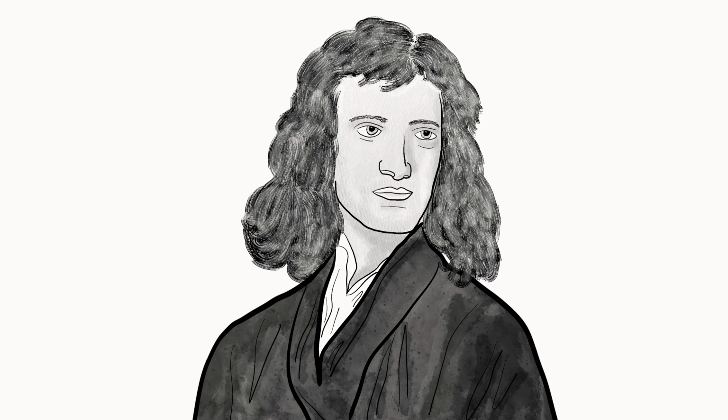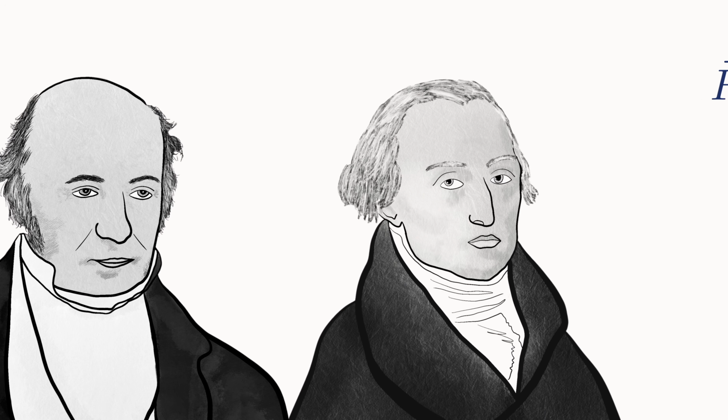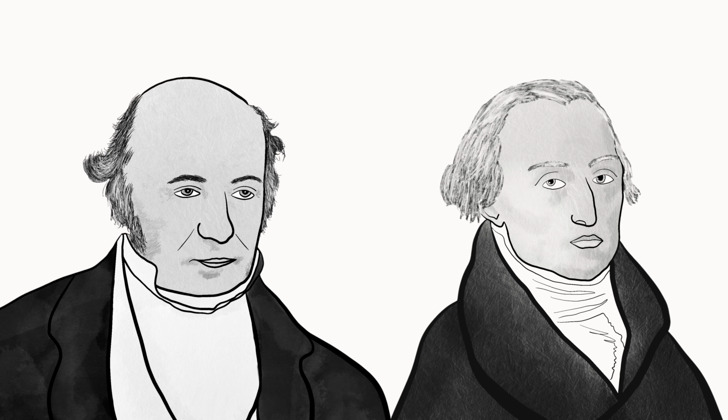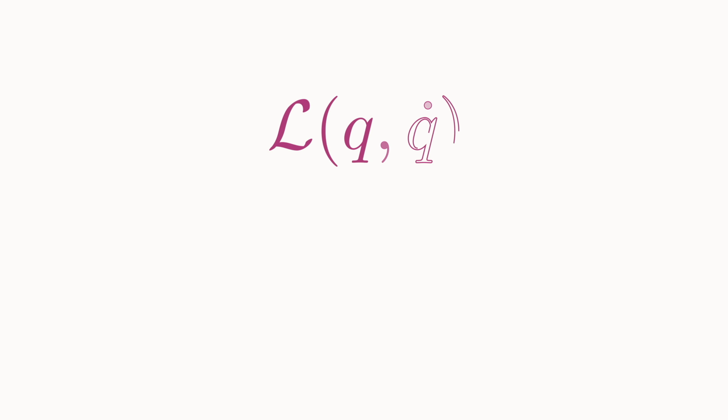After Newton's initial formulation of classical mechanics with vectors, there were two alternative versions developed by Joseph Louis Lagrange and William Rowan Hamilton. These formulations removed vectors entirely and instead turned solving physics problems into pure algebraic manipulation. The starting point for Lagrangian mechanics is a quantity called the Lagrangian, which is a function of two variables, q and q dot.